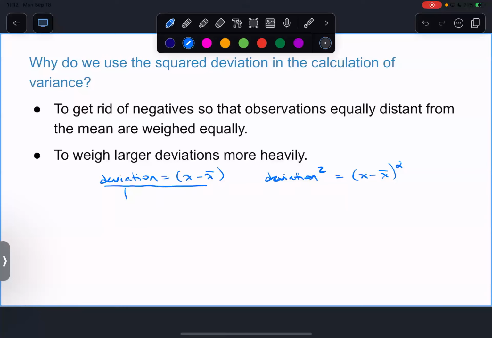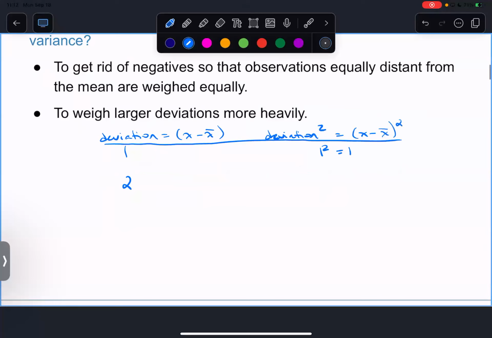Well, it becomes 1, right? 1 squared is 1. What if we double that deviation to 2, right? What if we say, okay, this observation is 2 units away from the mean, above the mean. Now, all of a sudden, the squared deviation is 4, right? Which means that we're amplifying these larger distances, and kind of increasing the spread that way, or communicating the increase in spread that way.